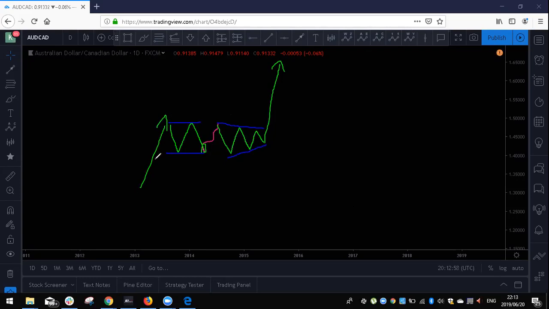In terms of labeling, something like this, you have a flat correction and then you have a triangle. A flat correction is going to have, let me use a different pen, this is 0, A, B, C. You're done with your flat correction. And then for your triangle, the trend is still up, you're considering this as your impulse.